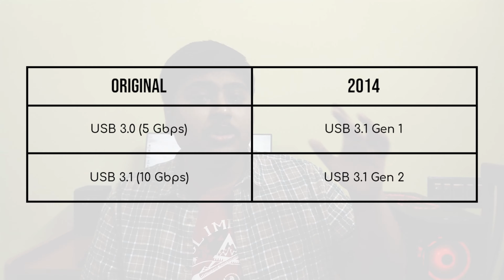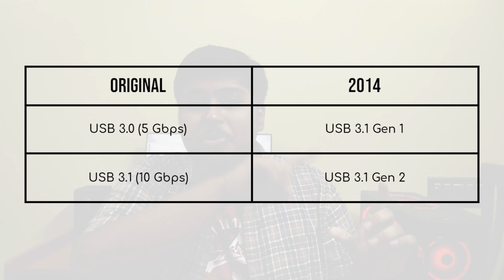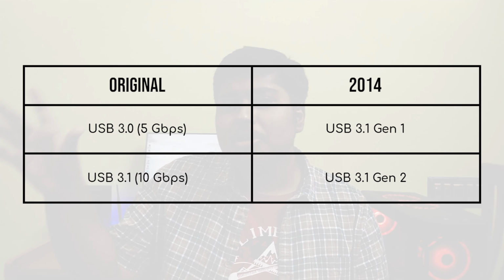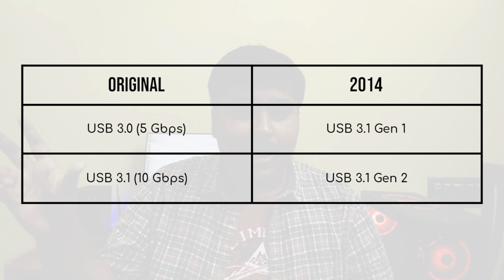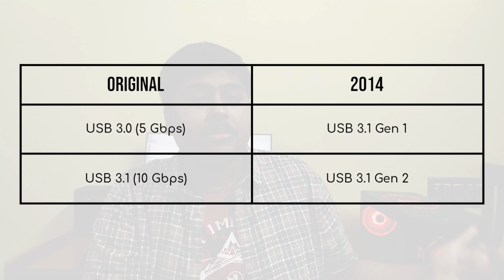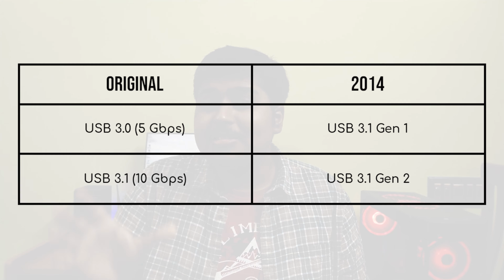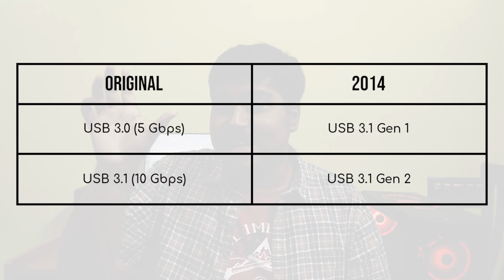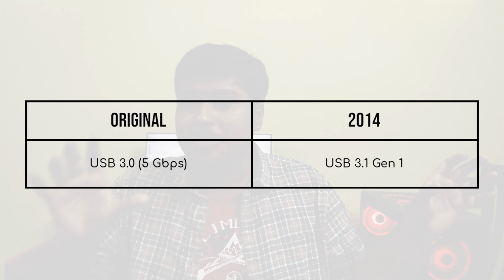The original USB 3.0 was renamed to be USB 3.1 Gen 1, and this new standard, the revised version, was named USB 3.1 Gen 2. Now hold on, the second one is fine, USB 3.1 Gen 2, but what about the first one? We have USB 3.0 and USB 3.1 Gen 1. Who needs two names for the same thing?